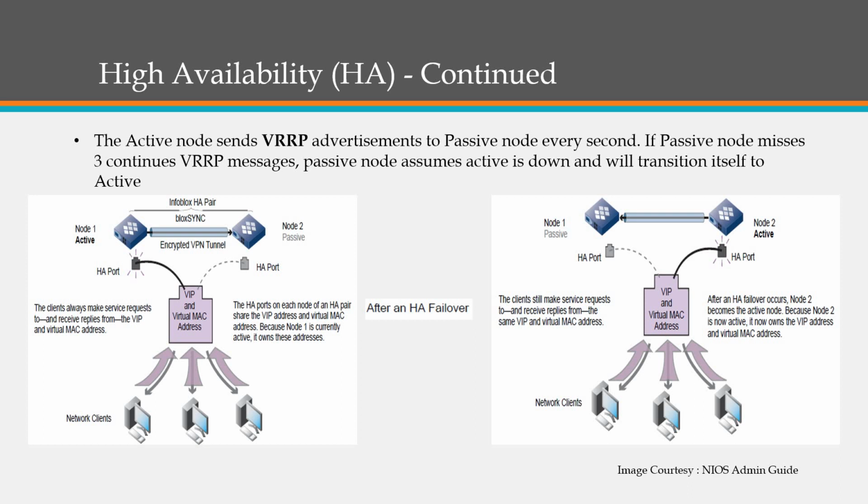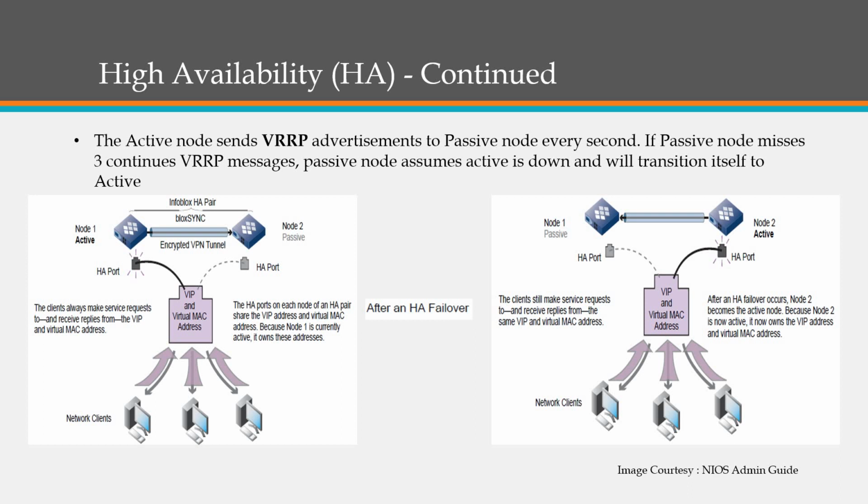The two nodes in the HA pair include the VRID in all the VRRP advertisements that they send, and it is used to recognize the VRRP advertisements intended for themselves. Only appliances on the same subnet configured with the same VRID respond to these advertisements.